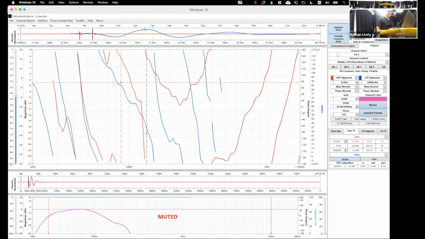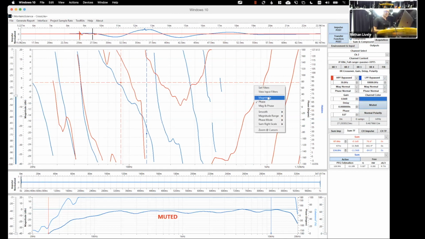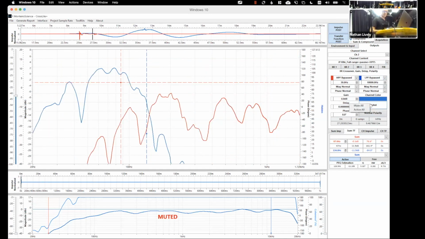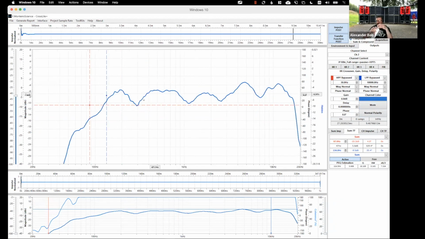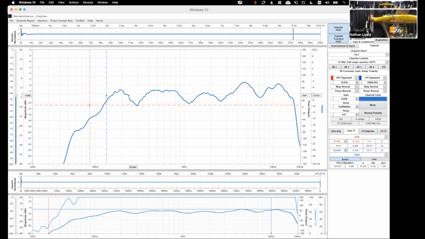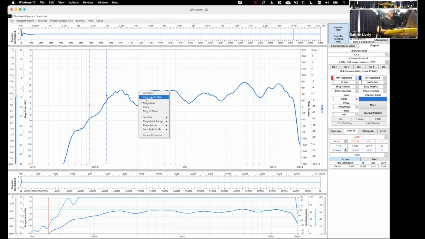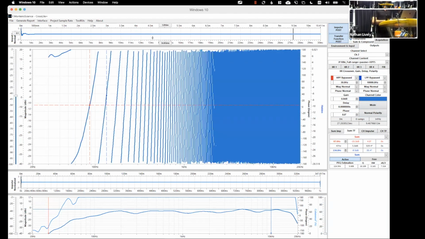let's go back to channel 2, and let's go to magnitude, and let's mute everything. So you can see in this measurement that I have some ripple here, from the walls and the ceiling and everything, but it's still good enough for SubAligner. We've got some nice, so weird that the delay is messed up.